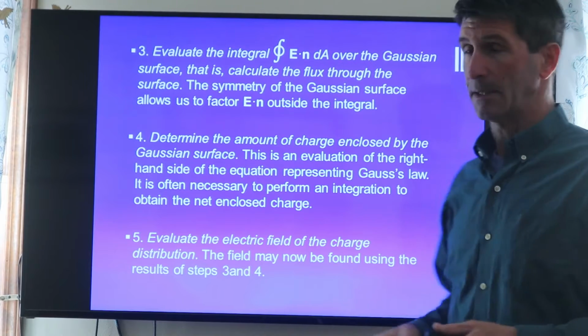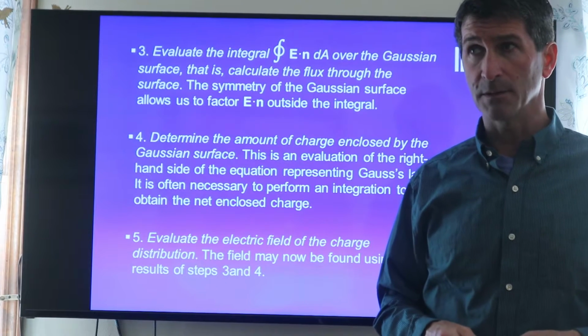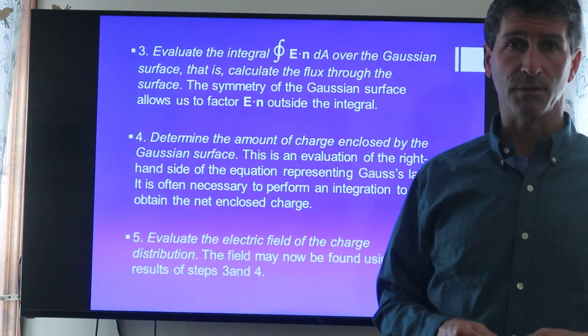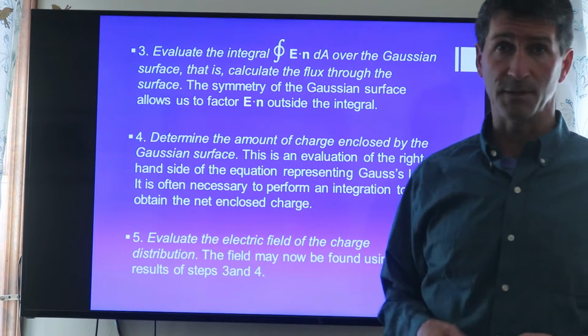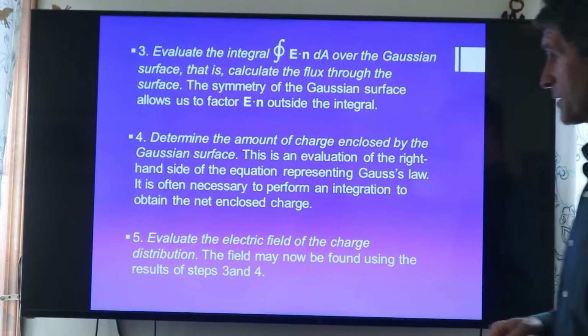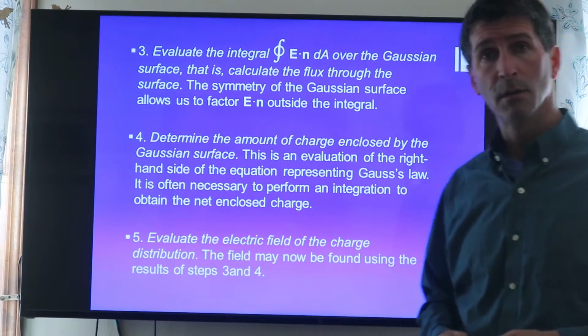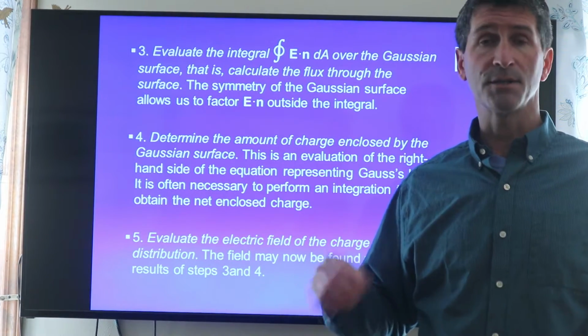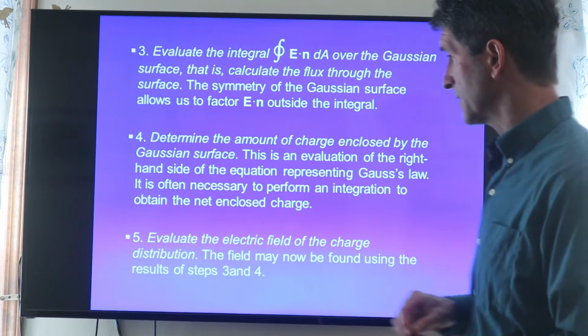And again, as long as that electric field can be assumed to be constant, then the integral reduces simply to the electric field times the area. Determine the amount of charge enclosed by the Gaussian surface. This is where we're finding Q. If you remember, Gauss's law says that the electric flux is equal to Q divided by epsilon 0.